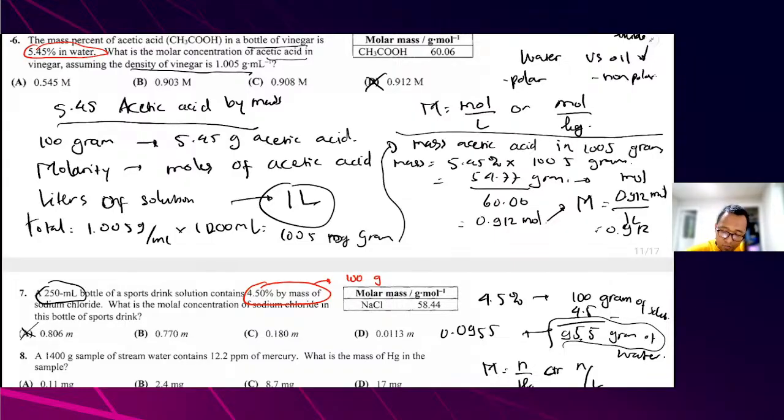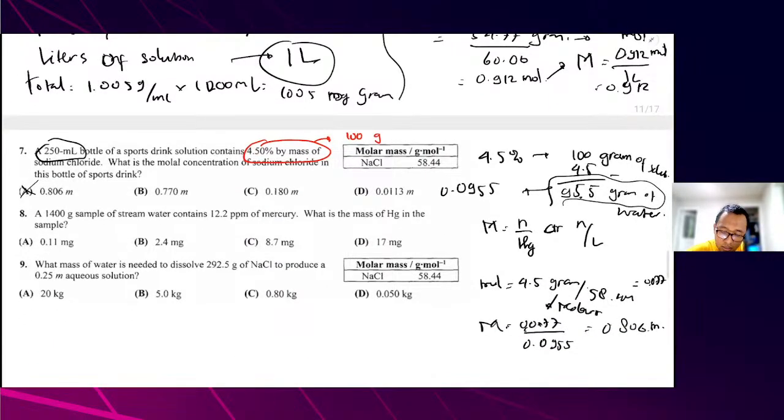Now number 8, a 1400 gram sample of stream water contains 12.2 ppm. What is the mass of Hg, mercury, in the sample? Let's take a look at this one. Now we need to convert 12.2 ppm.